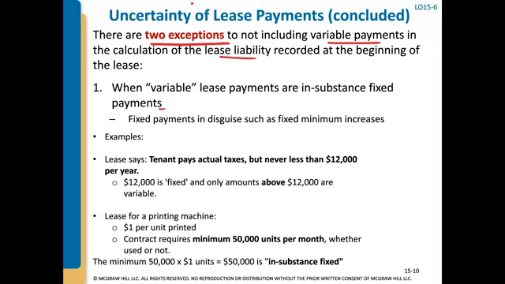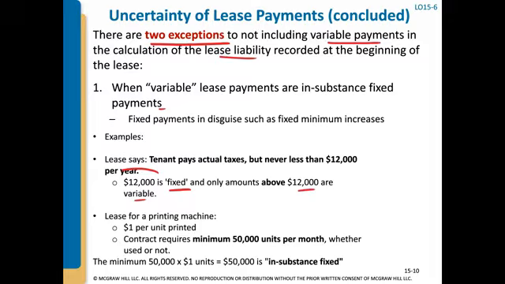So here are some examples. Let's say the lease says the tenant pays actual taxes of the property taxes of the building, but never less than $12,000 per year. In that situation, we know the $12,000 is fixed, and only the amounts above the $12,000 are variable.